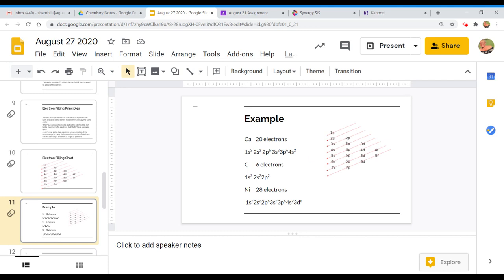It holds 6. Go to 3s. It holds 2. Go to 3p. It holds 6. After 3p, we go to 4s2. And then after 4s, we go back over here and we're in 3d.